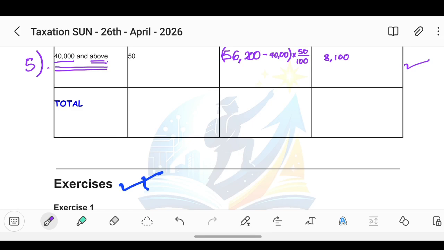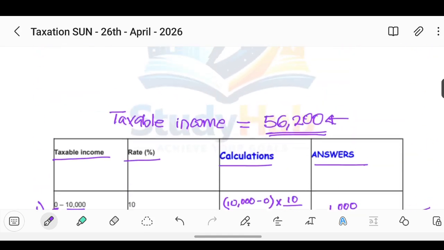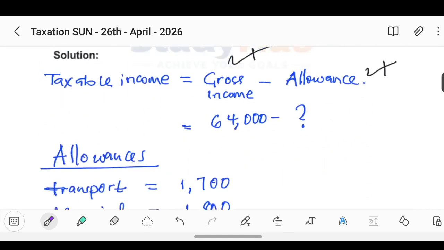So, in the conclusion, from what the question was asking for, the question wanted us to calculate the income tax he pays under the income tax rates below.